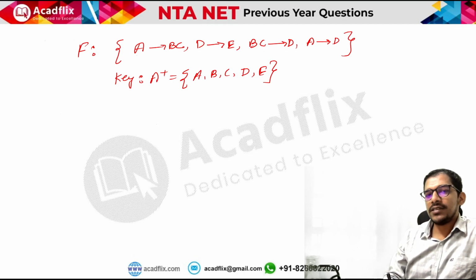If there is no other key, this means that the relation cannot be in BCNF or in 3NF. So the relation will only be in 2NF, and there is no possibility of partial dependency.